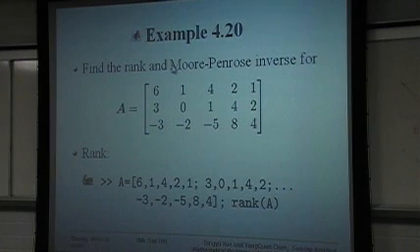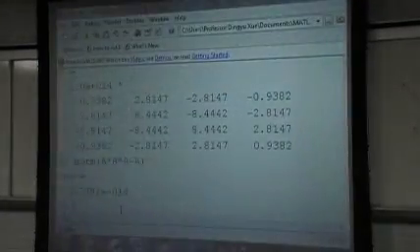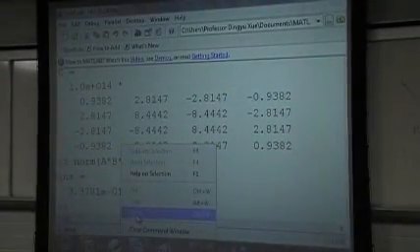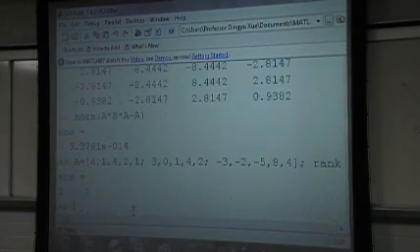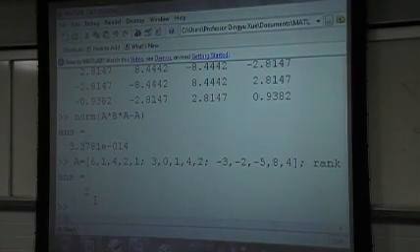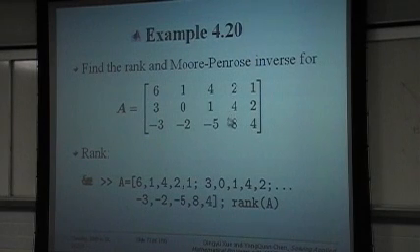Before we try to find the pseudo-inverse of that, we can find the rank of matrix A. Since A has 3 rows and 5 columns, if we use a command like this, we will find that the rank of the matrix is 2 instead of 3. So it is not only a rectangular matrix, but also not a full rank matrix. For this kind of matrix, how can we find the pseudo-inverse of it?